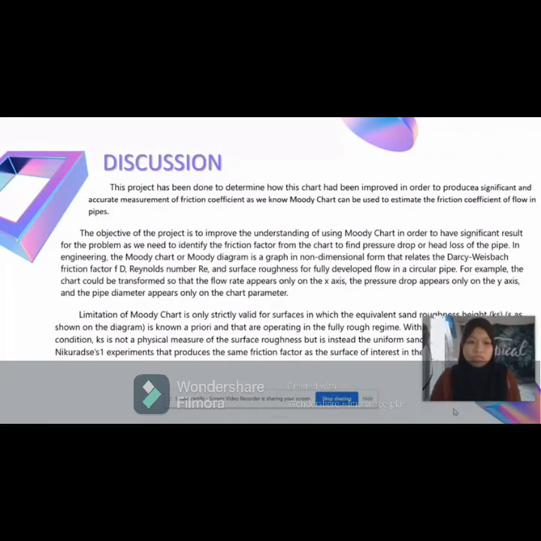Since the limitations are too long, I will summarize the limitations of the Moody chart. The limitation of the Moody chart is that it only gives discrete values for such surfaces in which the equivalent sand roughness height is shown on the diagram in the report.